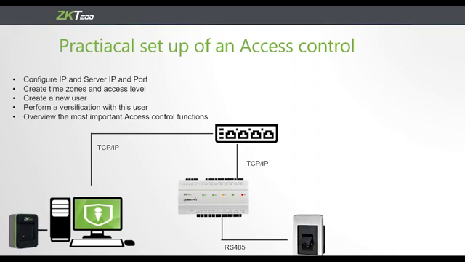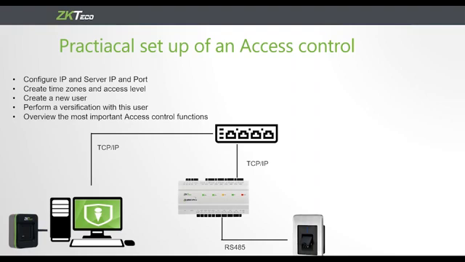The target of this practical session is, first, to show you how to configure the IP address, server IP, and the server port in the controller. Then we will create some time zones and access levels.